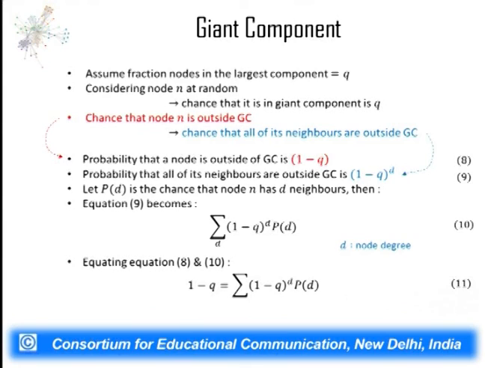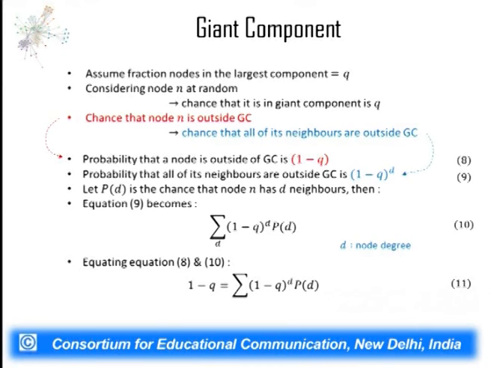And the chance that all of a node's neighbors are outside the GC, that is, they are not a part of the giant component, is 1 minus q raised to the power of the number of neighbors it has. Say the number of neighbors is d, where d is the degree, the measure of the number of neighbors a node has. So it will be simply 1 minus q raised to the power d.